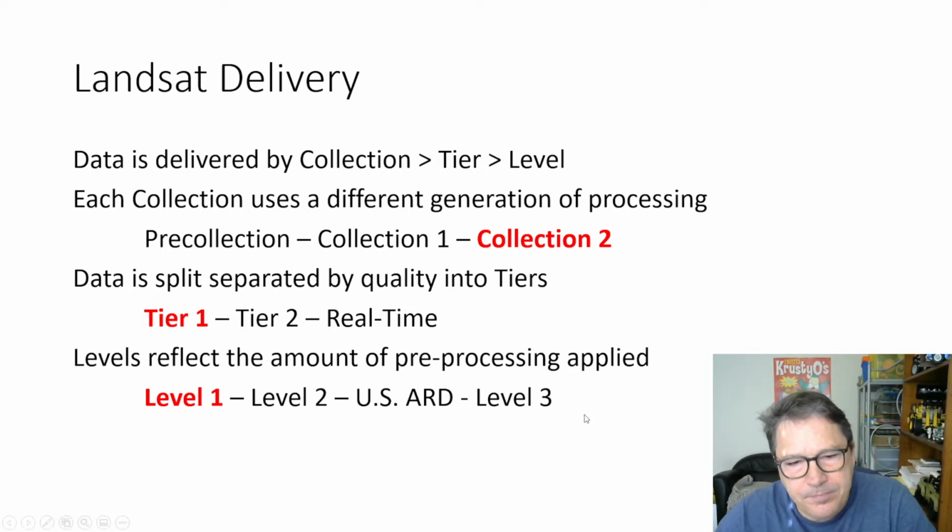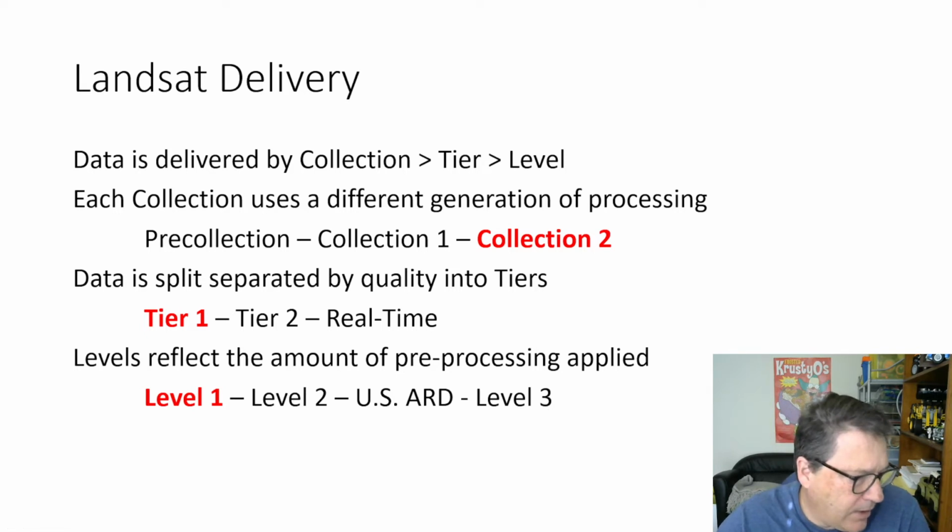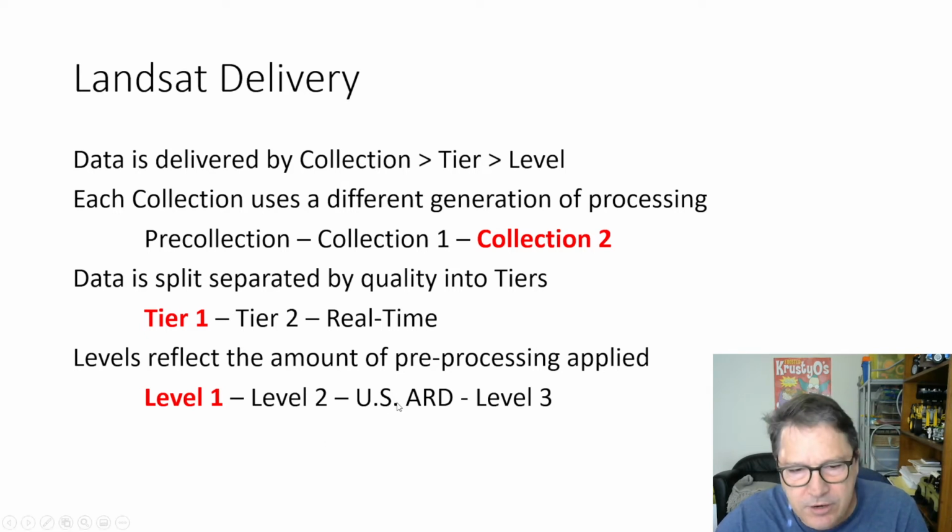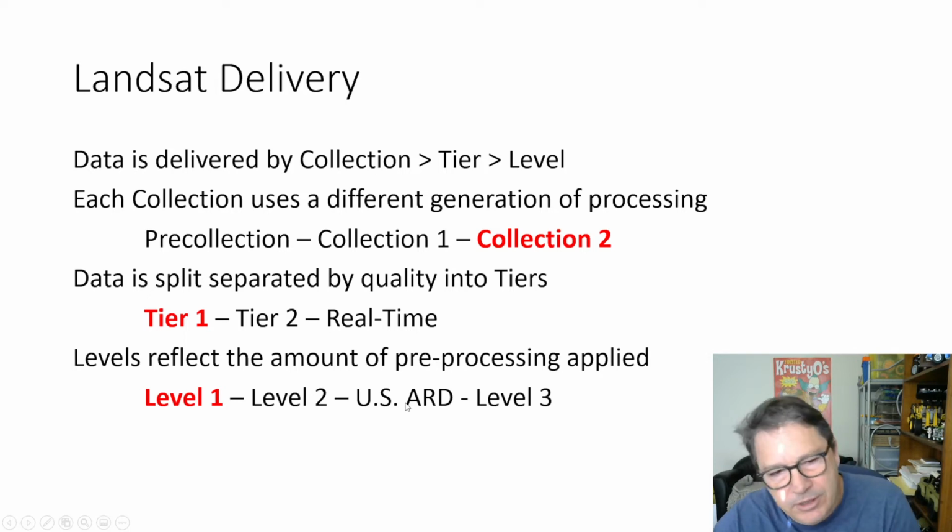It's basically just a repackaging of that level 2 data. And then the level 3 data are the science products. Most of them are derived from the analysis ready data, but some are also derived from the level 2 data, so they might be in a tile format or they might be in a scene format.